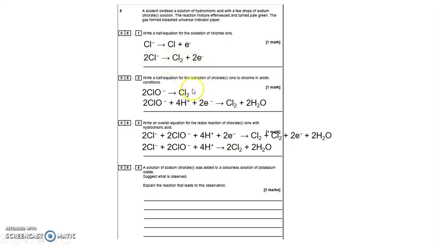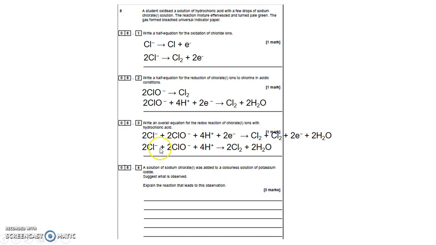We may come to a more difficult question where we don't have 2 electrons on the right and 2 electrons on the left and they're not going to cancel, we might have to multiply through by a number so that the electrons on each side cancel. But in this case, it's quite a straightforward one because 2 electrons are made on the right hand side of this equation, 2 electrons on the left, so the left hand and the right hand cancel.